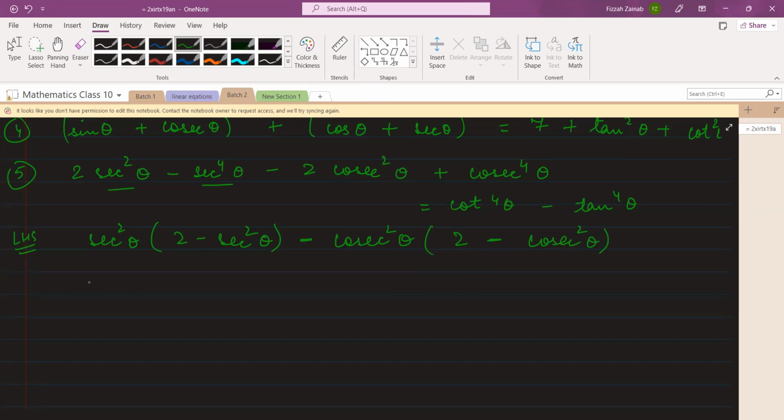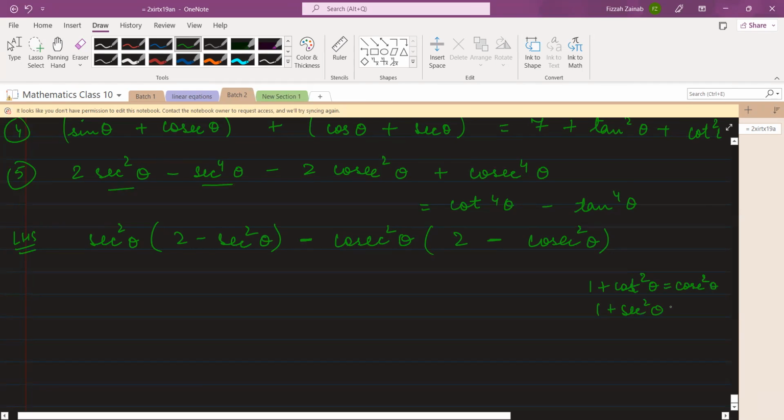And so the answer is in cot and tan. So you can replace them when you have square. You can use identities: 1 plus cot square theta is cosec square theta, and 1 plus tan square theta is sec square theta. So we can replace them.